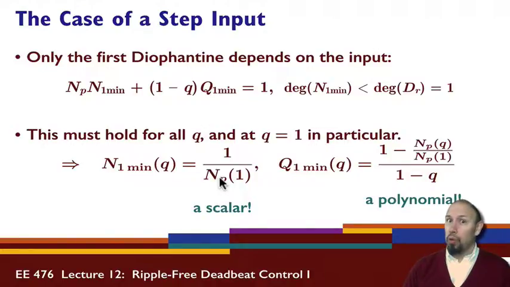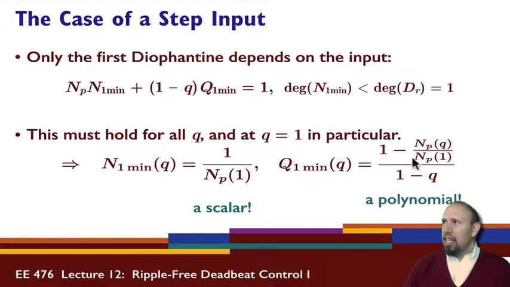Well, it turns out that because np must be coprime with dr, notice that dr has a root at q equals 1. Therefore, np cannot have a root at q equals 1, or else we don't have the coprime. As a result, we know that we can always divide by this.